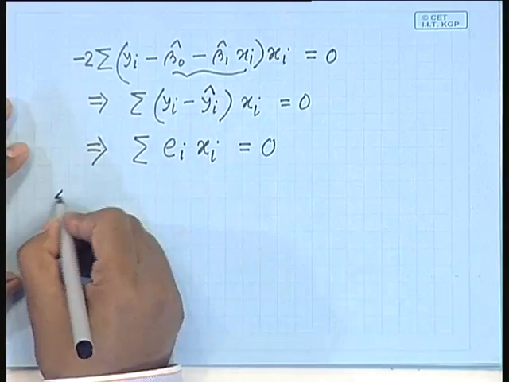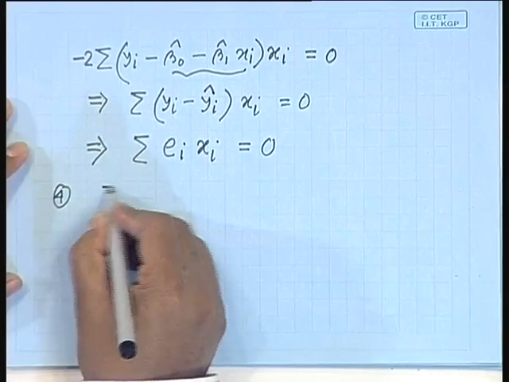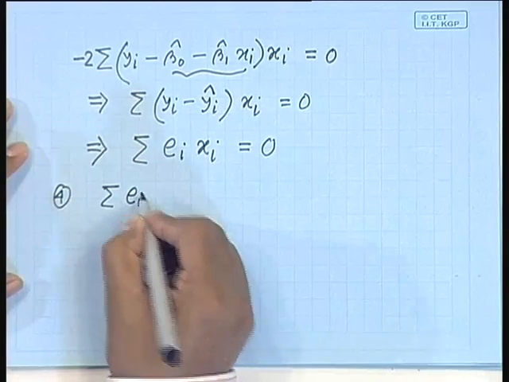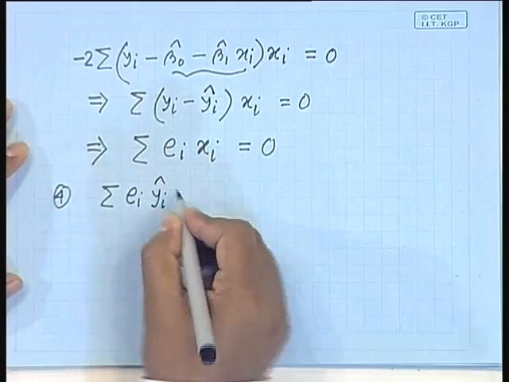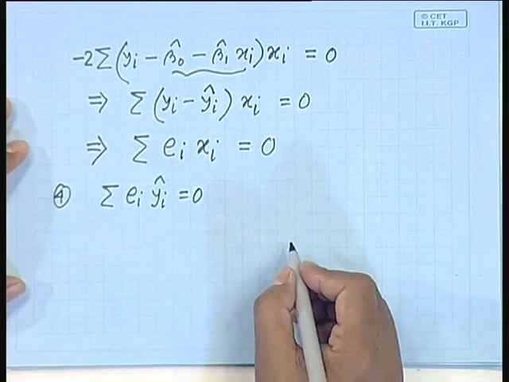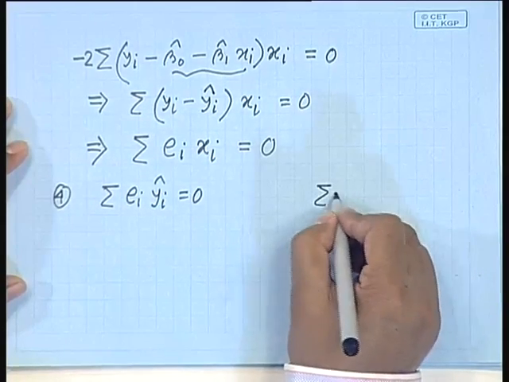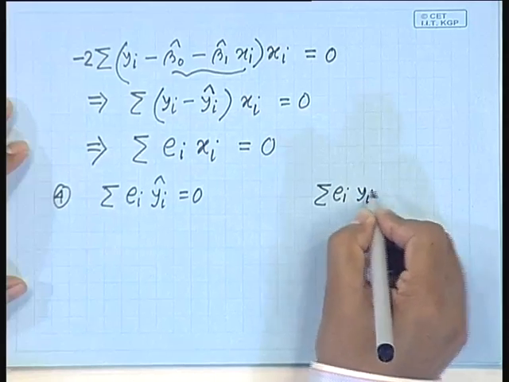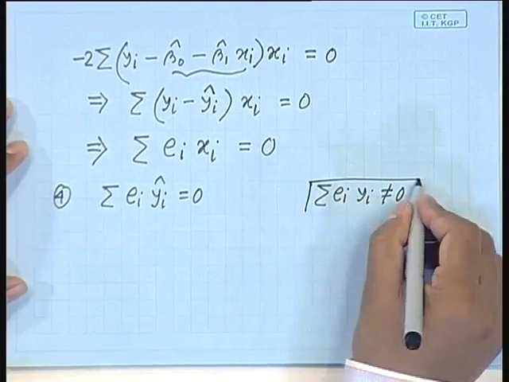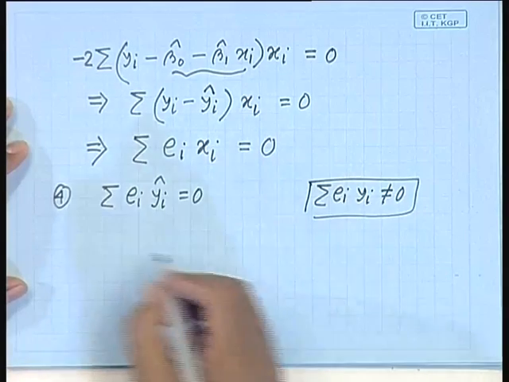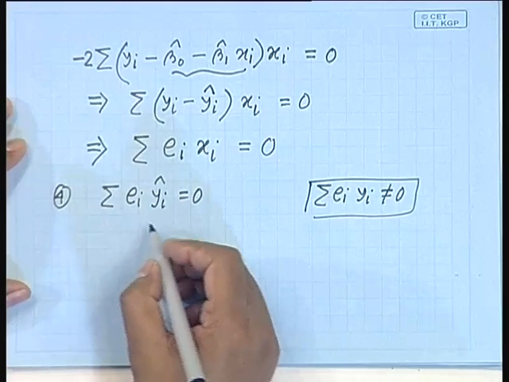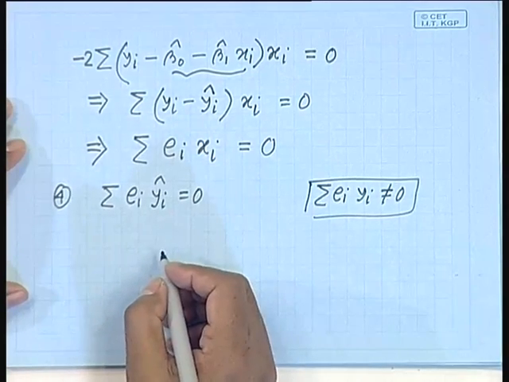Now, the fourth property is summation ei yi hat equal to 0, but summation ei yi is not equal to 0. You should note that. How to prove that summation ei yi hat equals 0?